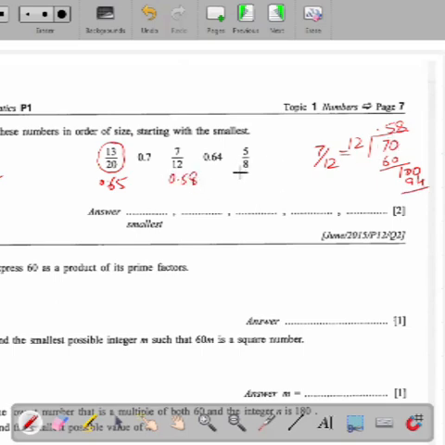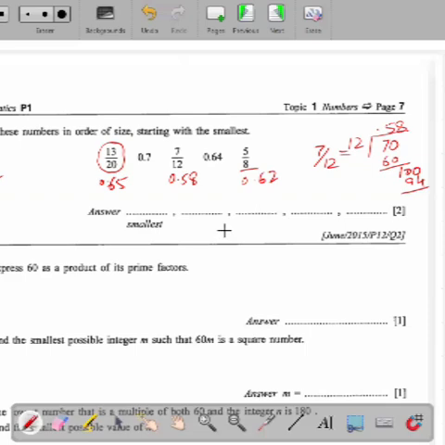Then for 5 over 8: 8 times 6 is 48, 8 times 2 is 16, and 0.62 is not there, so it will be easy to rectify according to this.